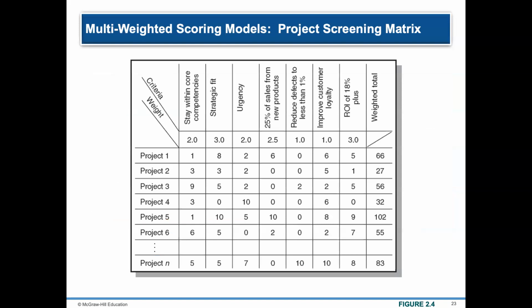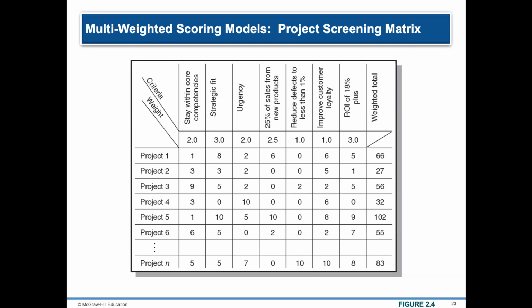So here is a sample spreadsheet with all the criteria, and each criteria would have a weight. And for each of the projects, you would need to individually score and rank them accordingly. So for example, you have established the following criteria.